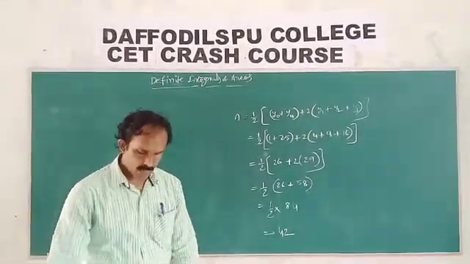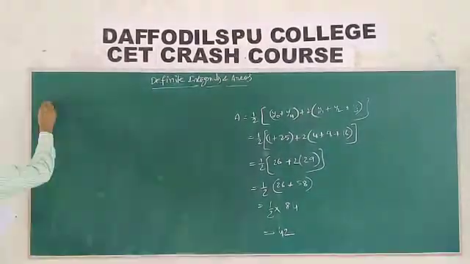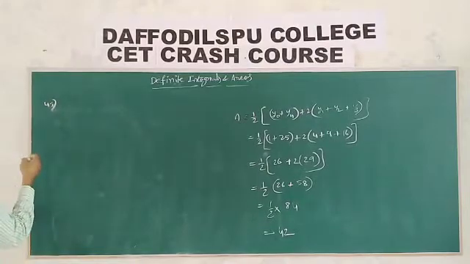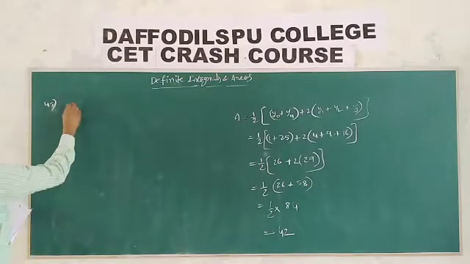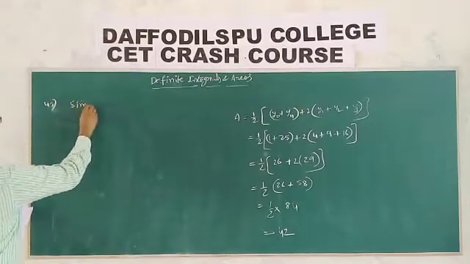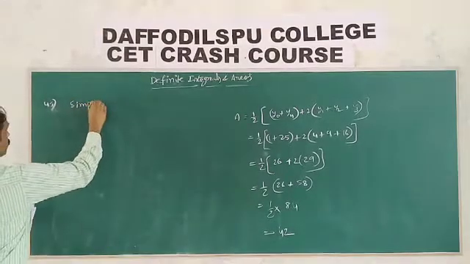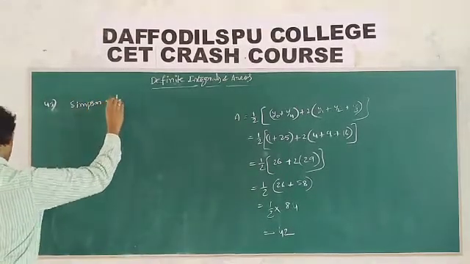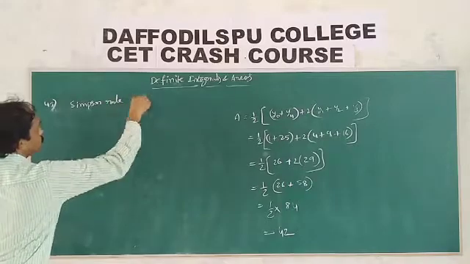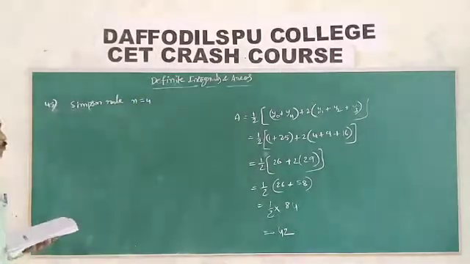Next, 45. By Simpson's rule, n is equal to 4.